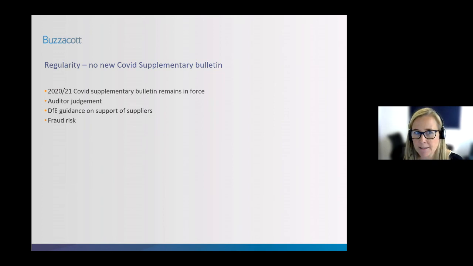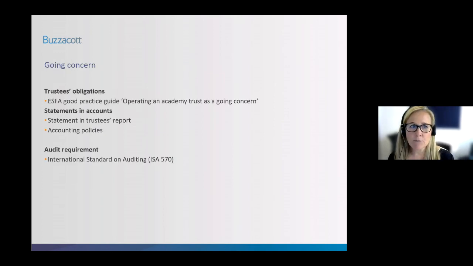On to my next slide. And here we're just looking at going concern, which obviously is within the scope of the audit. So trustees should be preparing the accounts, the financial statements, on the going concern basis, unless the Academy Trust is winding up or has no other alternative but to wind up.